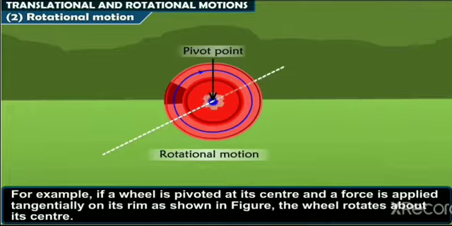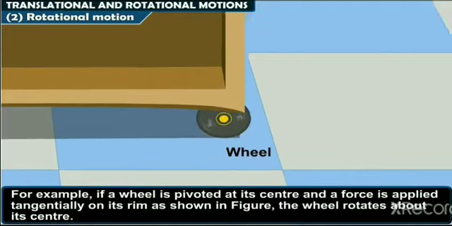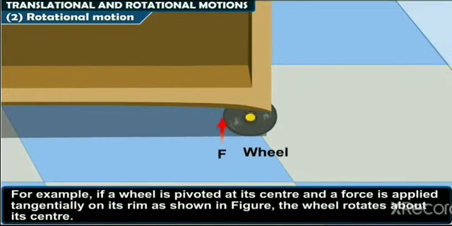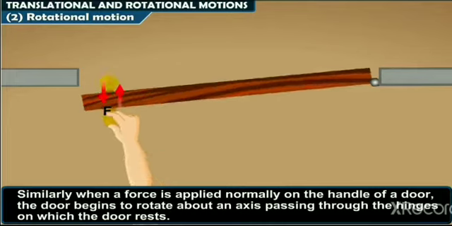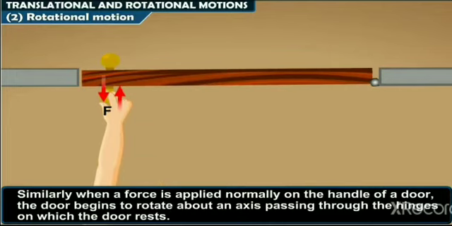For example, if a wheel is pivoted at its center and a force is applied tangentially on its rim, as shown in figure, the wheel rotates about its center. Similarly, when a force is applied normally on the handle of a door, the door begins to rotate about an axis passing through the hinges on which the door rests.